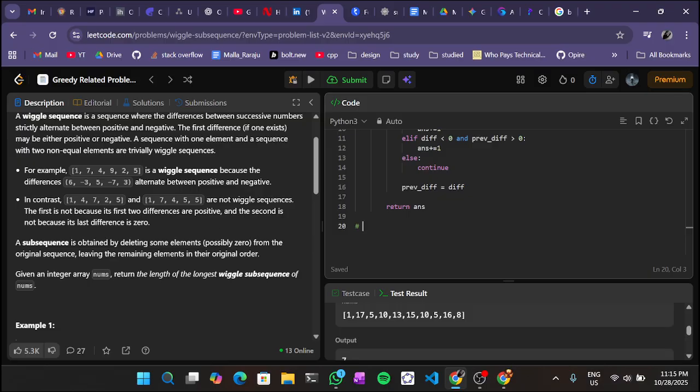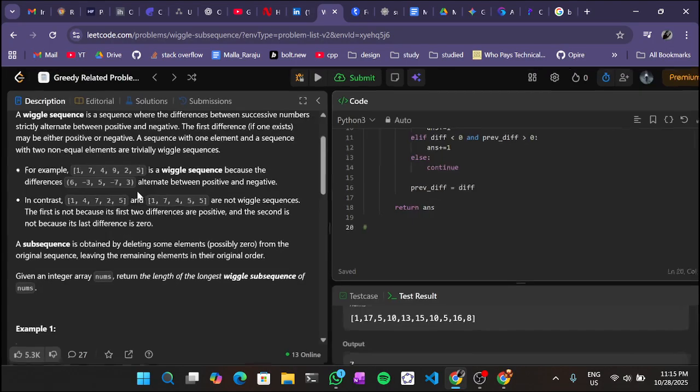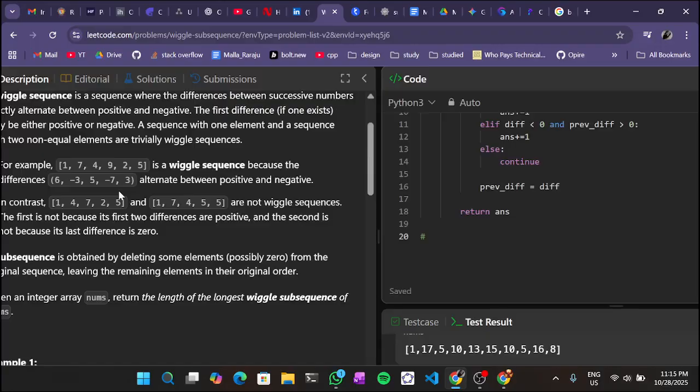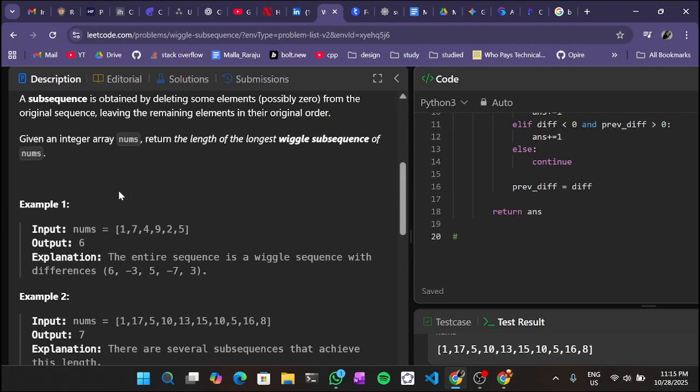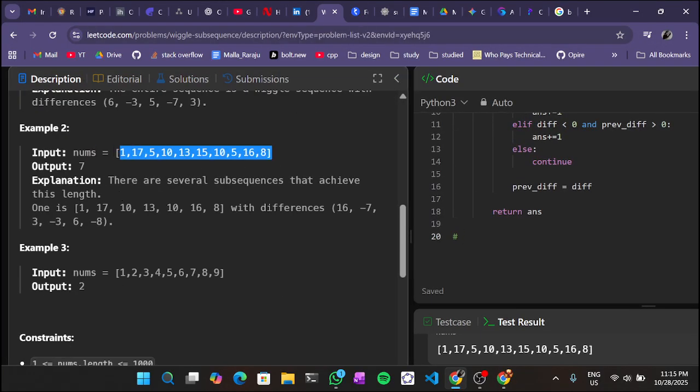If we think it simply, if we take this case, let's see what we'll find. We have 17 minus 1, 16. 5 minus 17 will be minus 12.